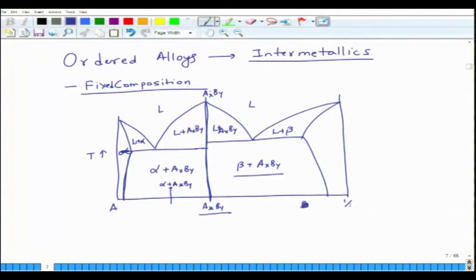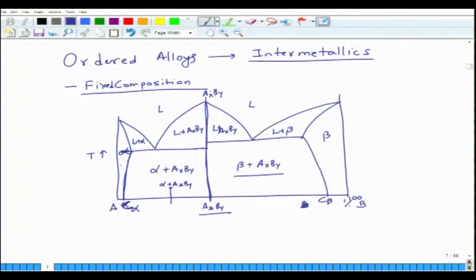So, this will be 100% B, and this is, let us say, C alpha, this is, let us say, C beta. Okay. So solid solubility of alpha is increasing as you increase the temperature, and solid solubility of beta is increasing as you increase the temperature towards the left, this is the beta phase.